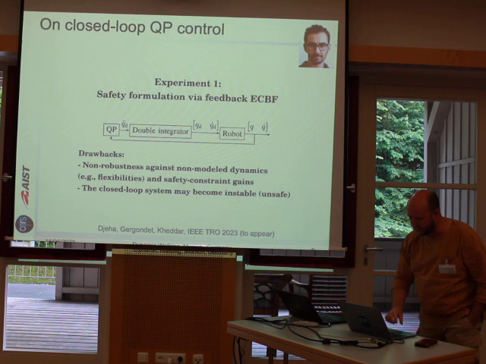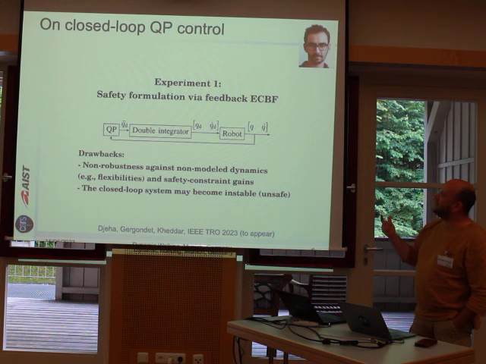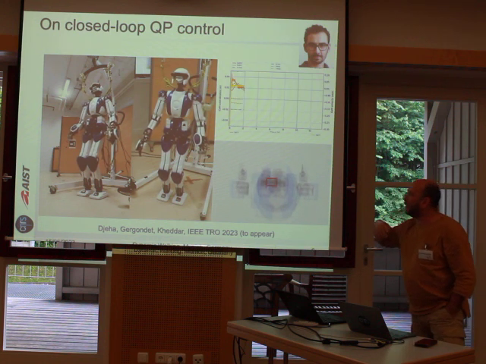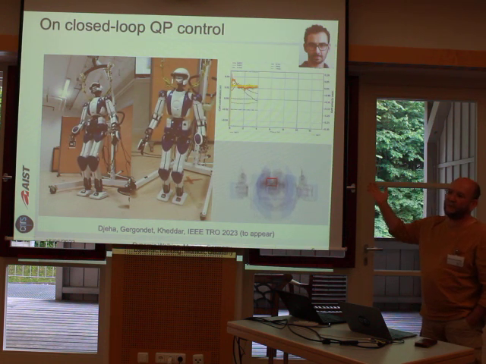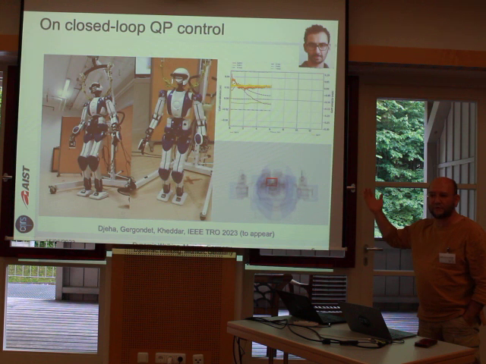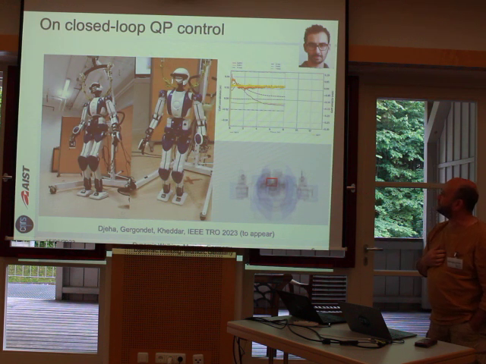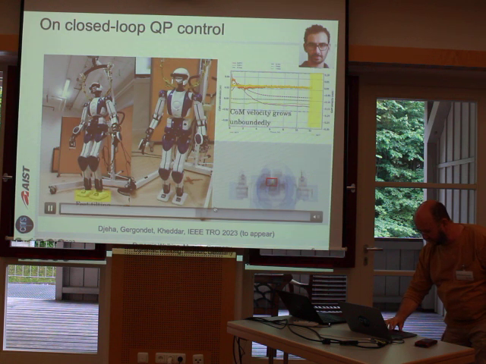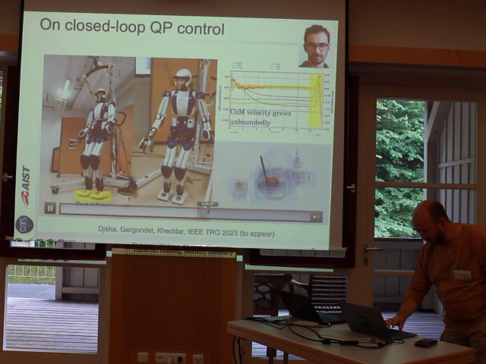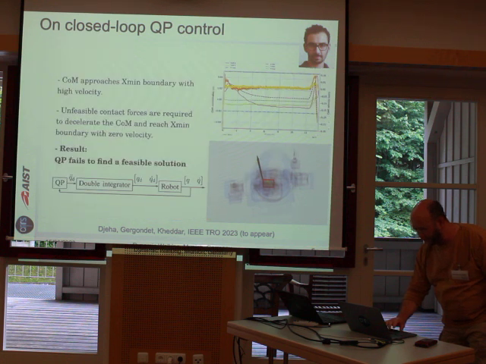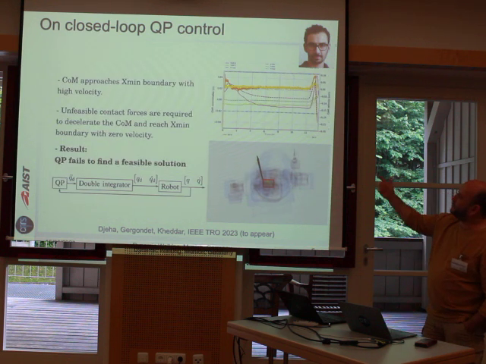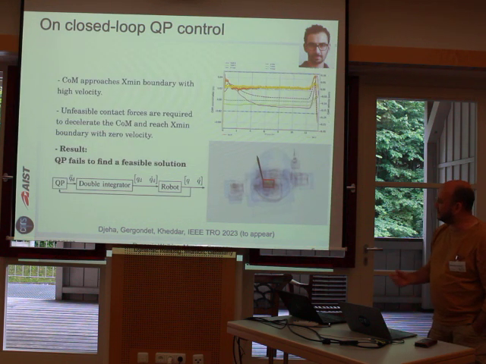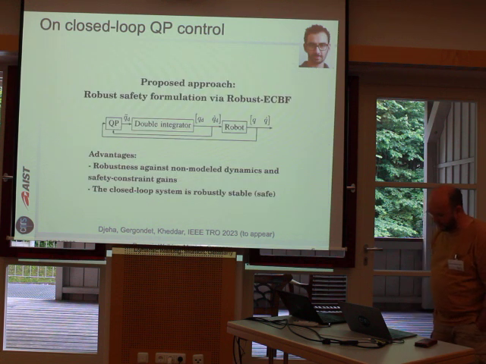Then Mohammed is grasping it. The same thing happened with the ECDFs. So you will see that even in closed loop, the ECDF couldn't manage, of course, to correct this. And then with what we propose, you will see it in a few slides.